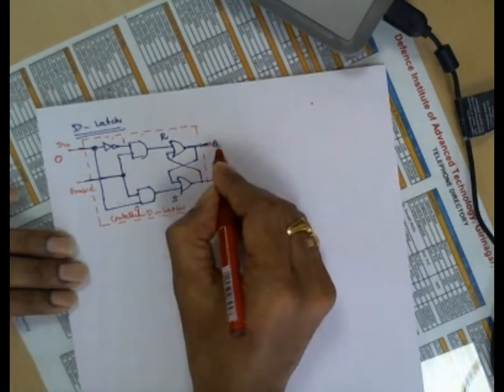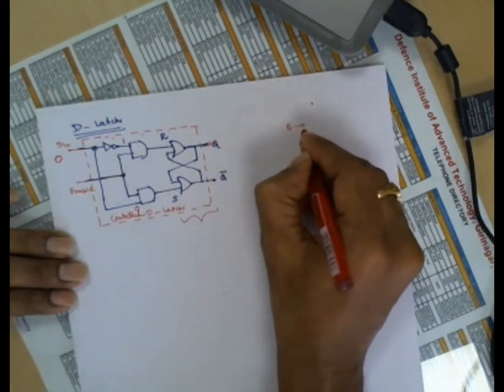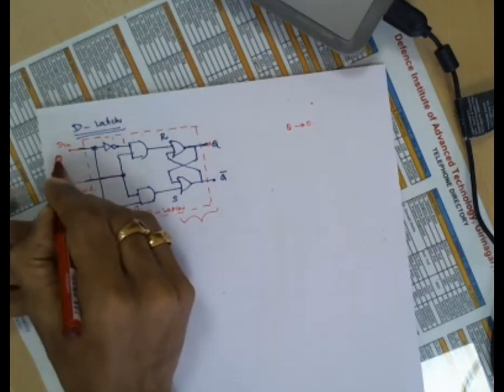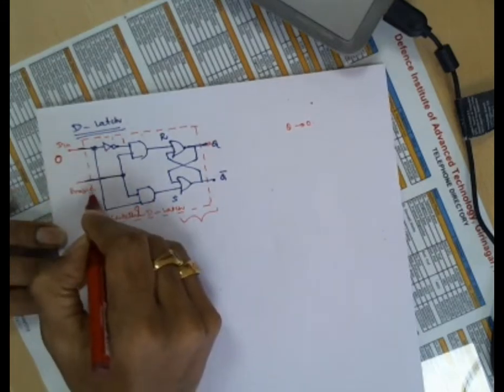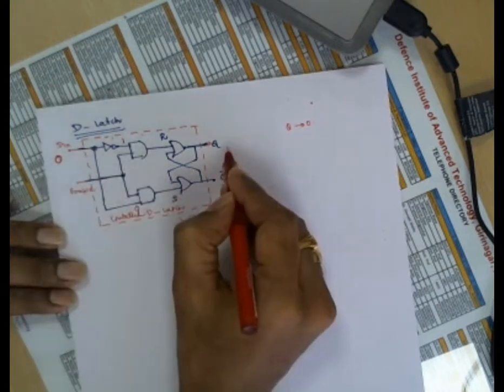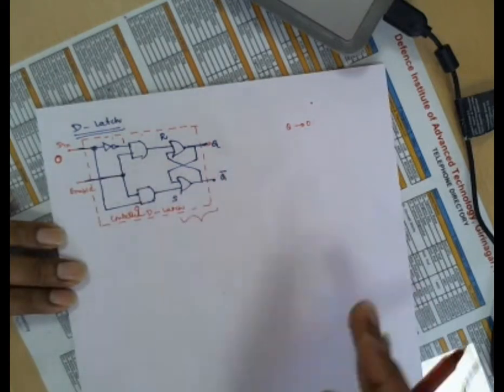Therefore, the Q becomes 0 now. So the idea is, when 0 is here and I apply the enable, the 0 will be transferred into the output irrespective of its previous level, irrespective of its previous output.